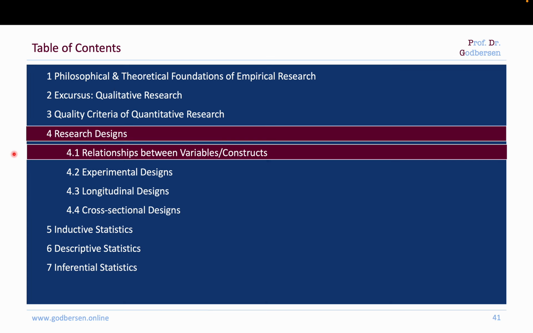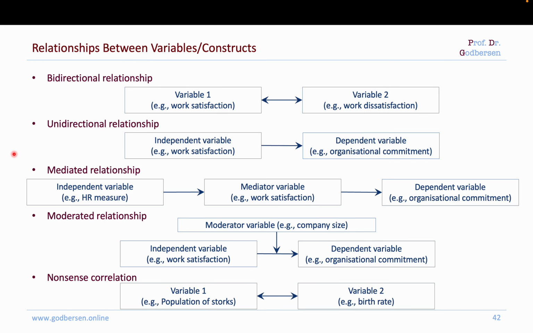If you have watched the first lecture of this crash course, Philosophical and Theoretical Foundations of Empirical Research, you will remember that I told you there what we're doing in quantitative research, and that is we're testing theories. And theories consist of constructs, variables, and their relationships.